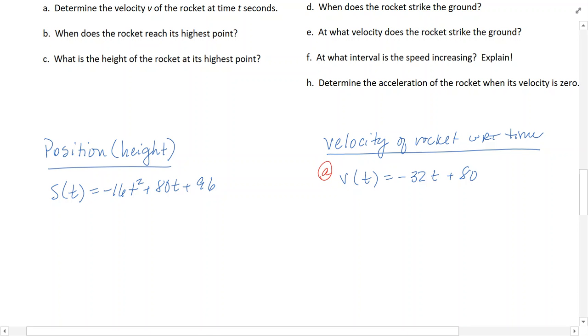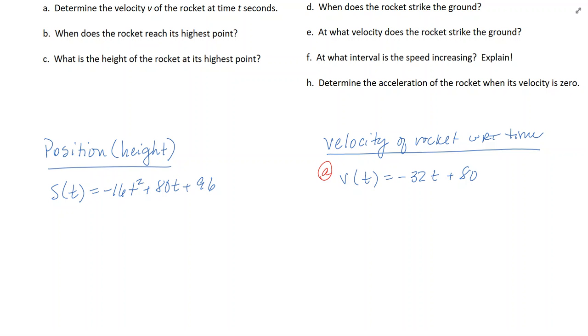The next thing says, when does the rocket reach its highest point? Well, I don't really know when the rocket is going to reach its highest point, but I do know that the velocity when it reaches its highest point has to be 0.